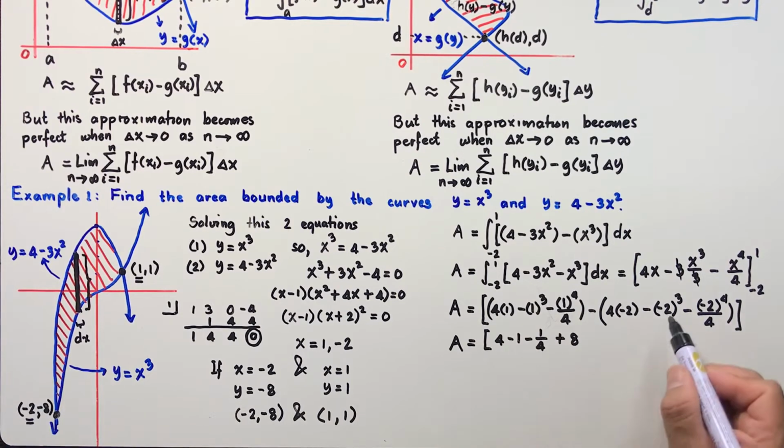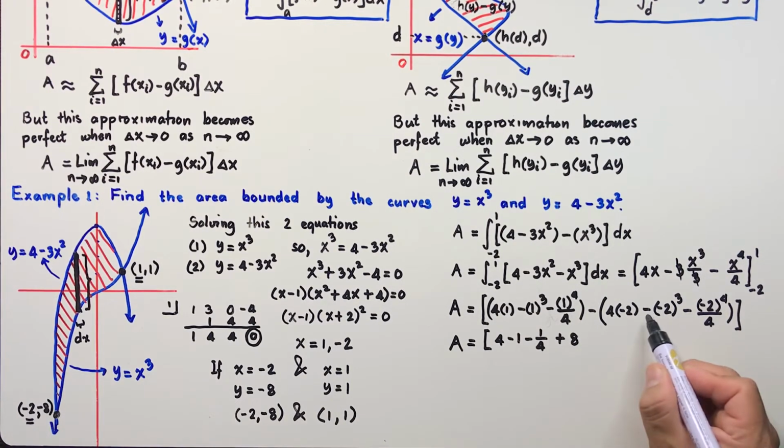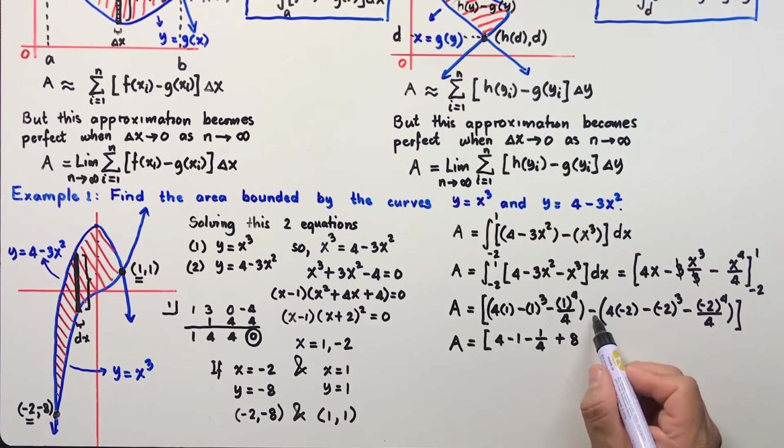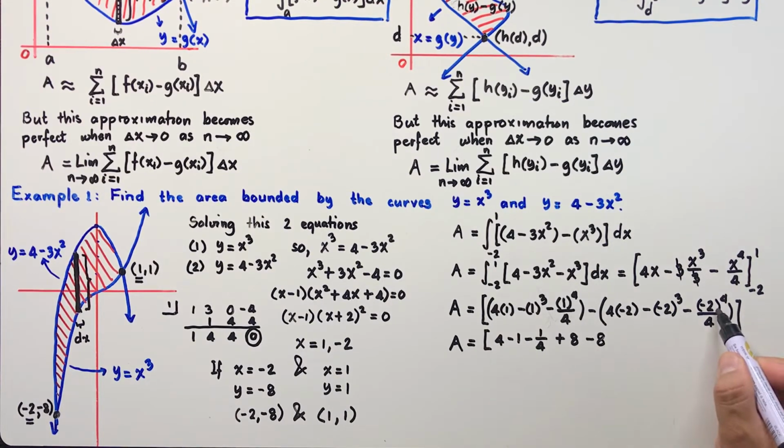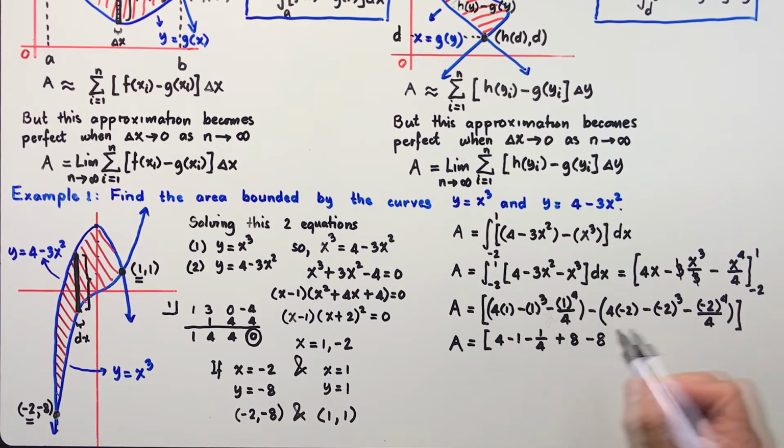And this is -8, so negative of the -8 is +8, but we have here a negative, so this is -8. Also, this one is +16 over 4, which is 4, but this is -4. With the negative outside, this becomes +4 here.